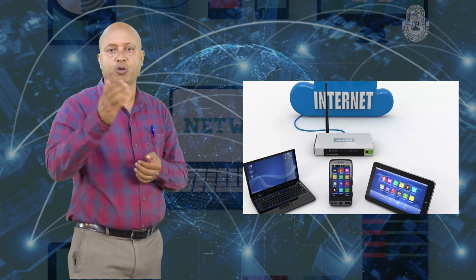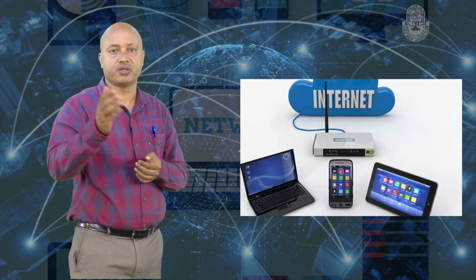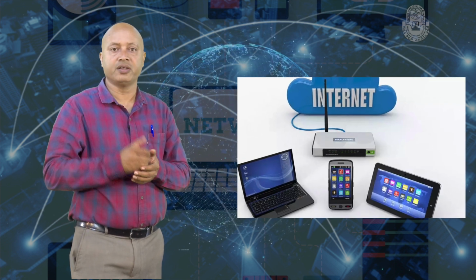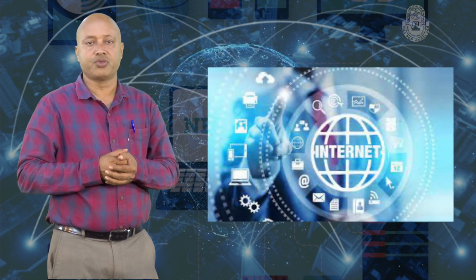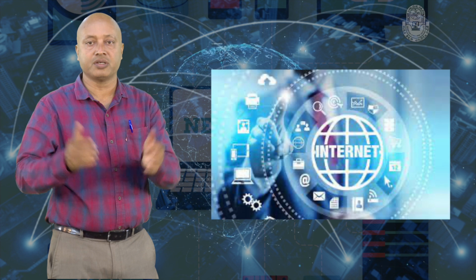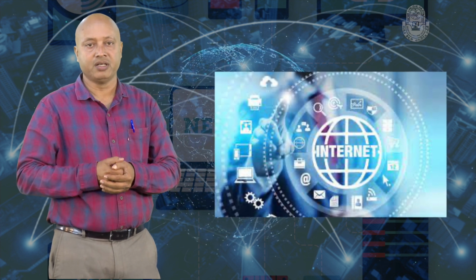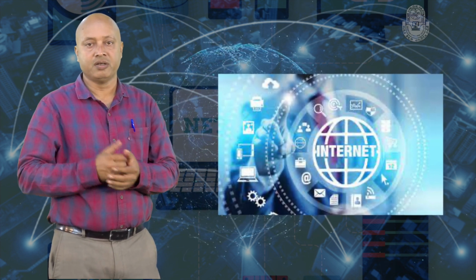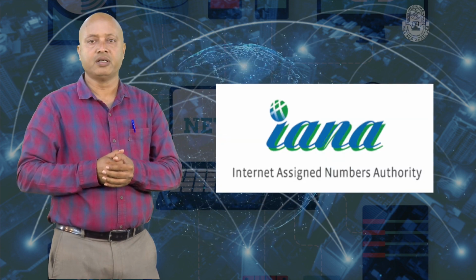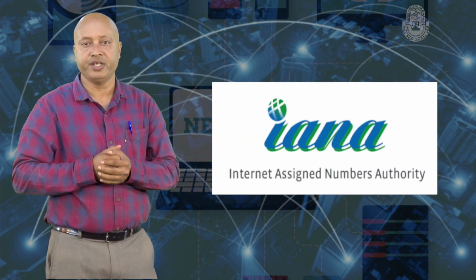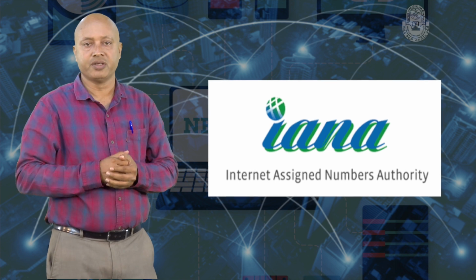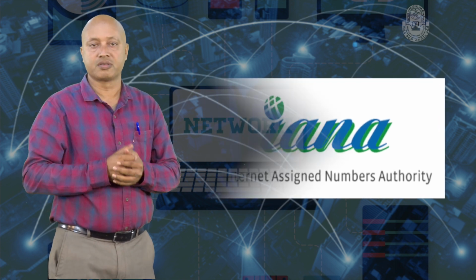The internet is a globally connected network system facilitating worldwide communication and access to data resources through a vast collection of private, public, business, academic and government networks. It is governed by agencies like the Internet Assigned Numbers Authority that establish universal protocols.